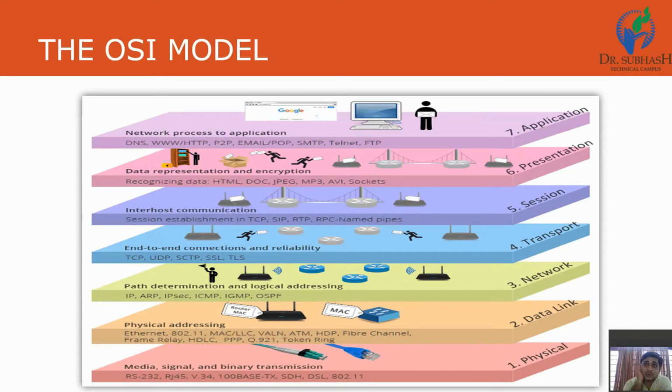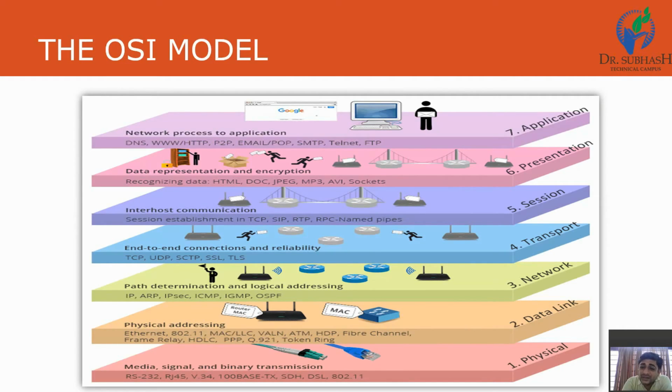We discussed these 5 layers. First, the physical layer: actual implementation of your connectivity. It uses bits. Data link layer passes your data within a frame. Network layer, packet. Transport layer, segment.